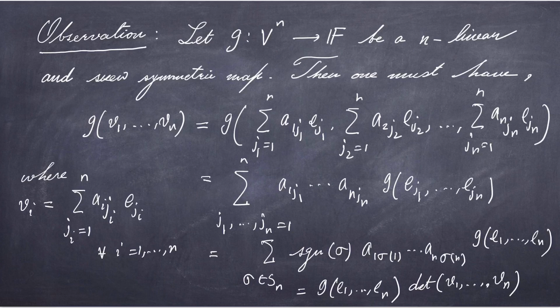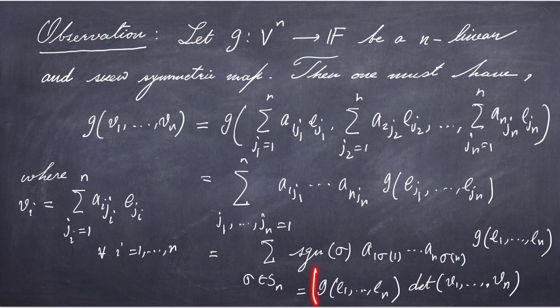Let me try to explain again. Once we fix an ordered basis u1 to un, the n-linear and skew-symmetric maps are precisely the scalar multiples of the determinant map relative to the ordered basis u1 to un that we have fixed in the beginning.